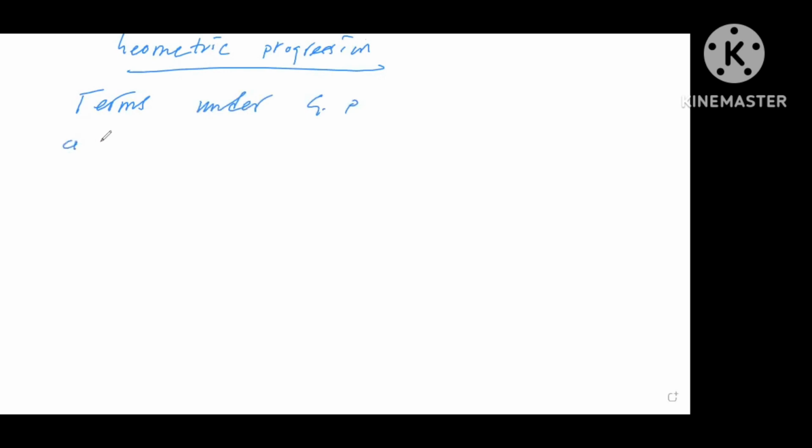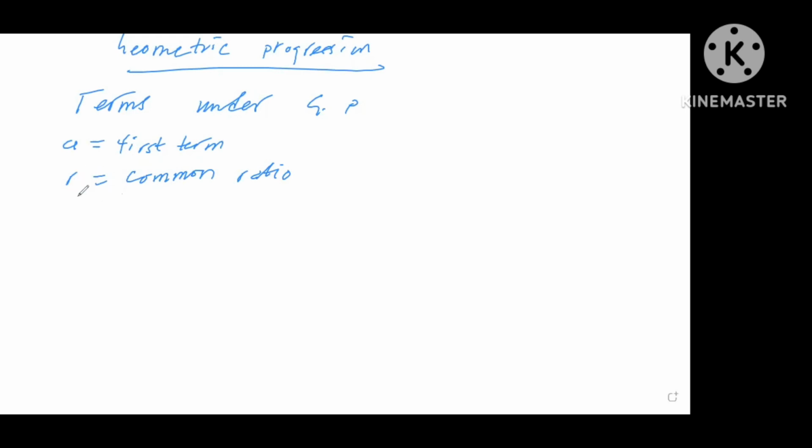So we can begin with A. A symbolizes the first term. We can also talk of the R, which is the common ratio. How do we find this common ratio?